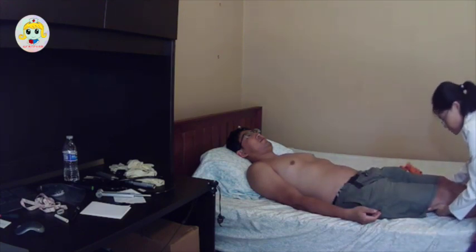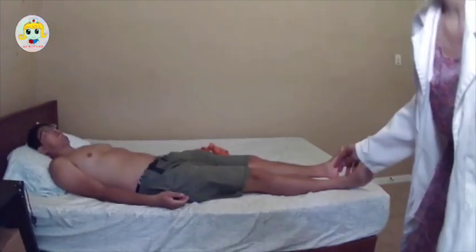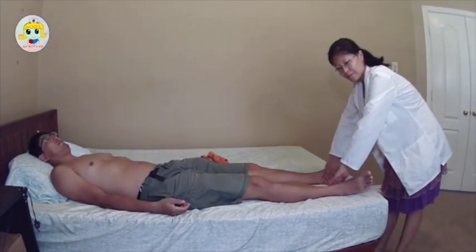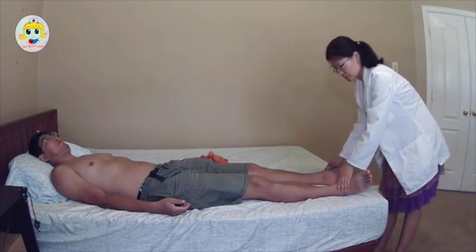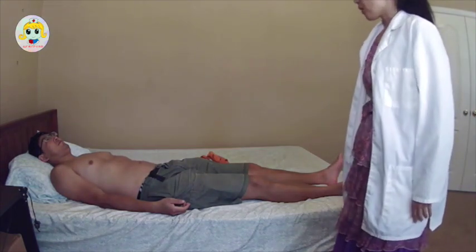Popliteal pulse. Posterior tibial pulse, dorsalis pedis pulse. We could not see here. This is the posterior tibial and dorsalis pedis pulse. The pulse is 2+, which is normal.